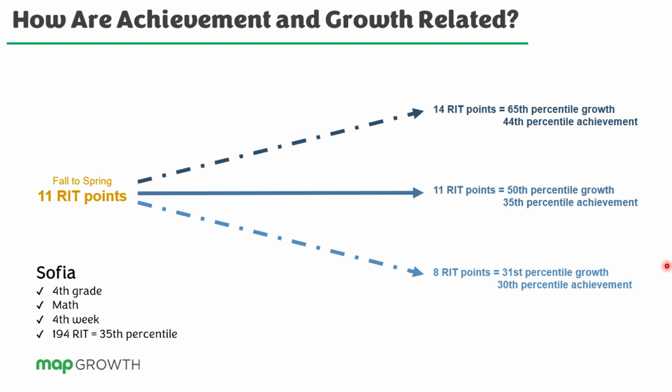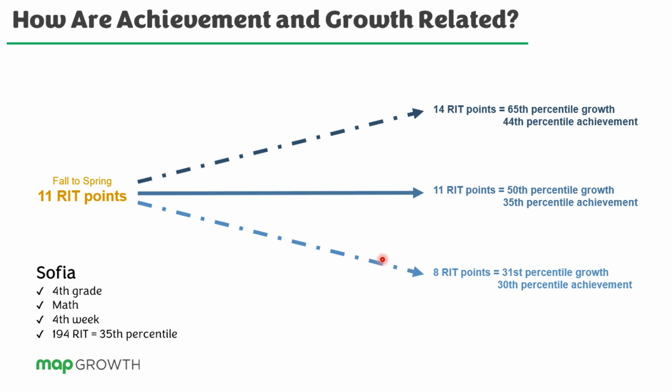However, as I stated, achievement and growth are related. So Sophia is expected to grow 11 RIT points. If Sophia only grows 8 RIT points, she will not meet the growth projection and will be observed as having growth at the 30th percentile.